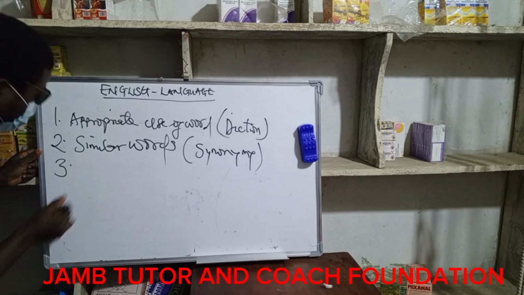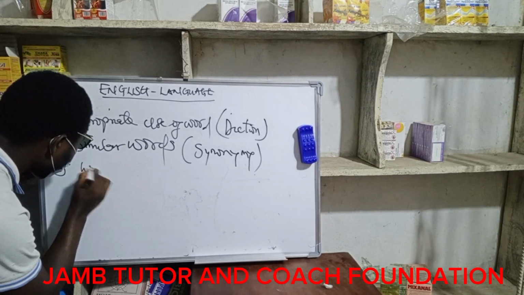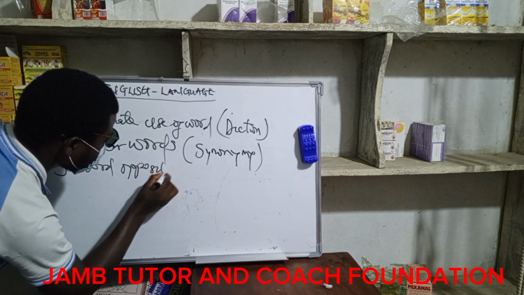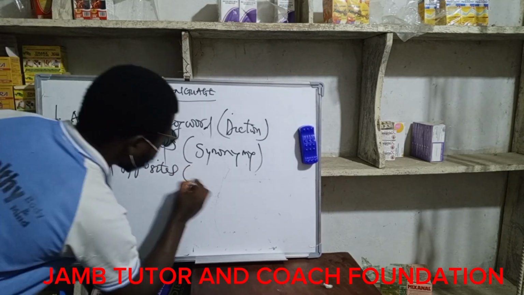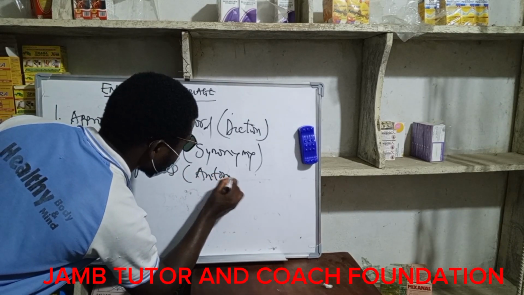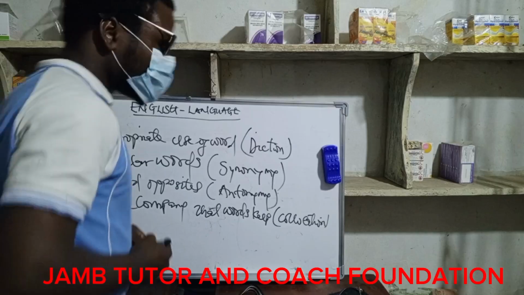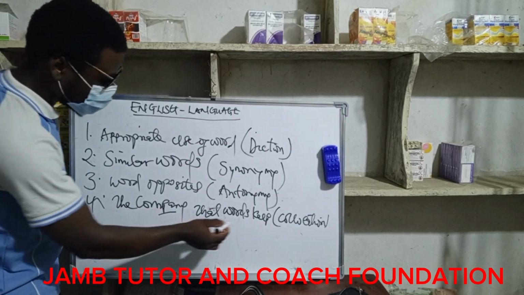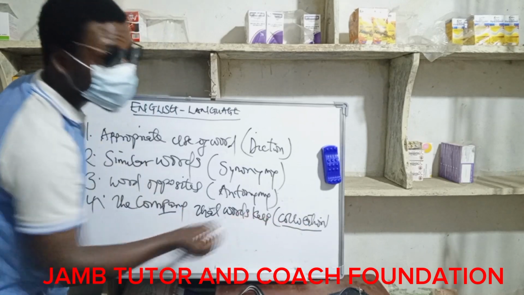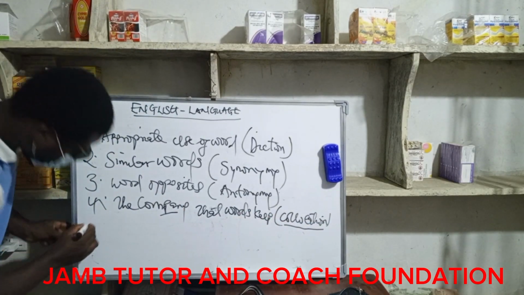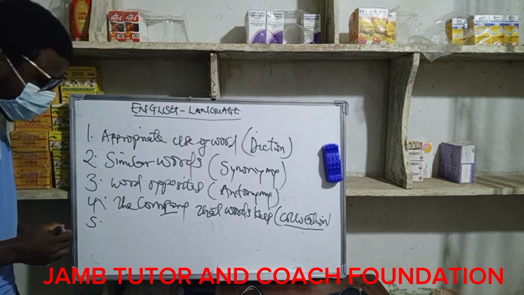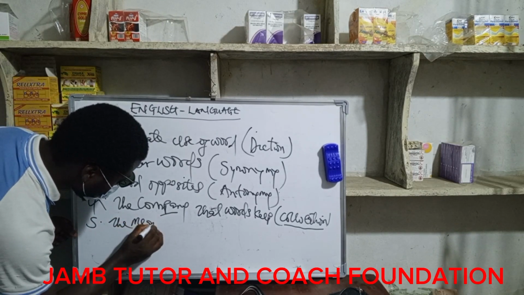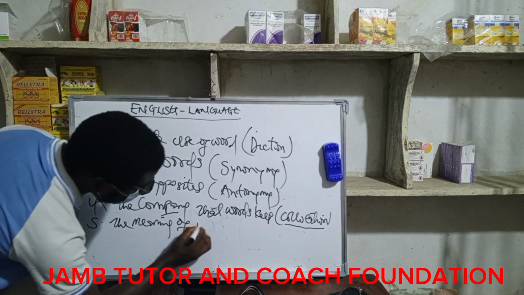The third area is word opposites. It is known as what? Antonyms. So the fourth area you'll be tested is the company that words keep, which is called what? Collocation. And the fifth area is the meaning of words.